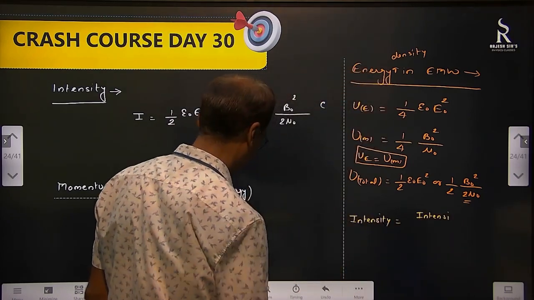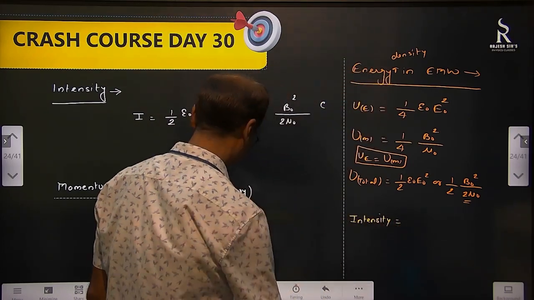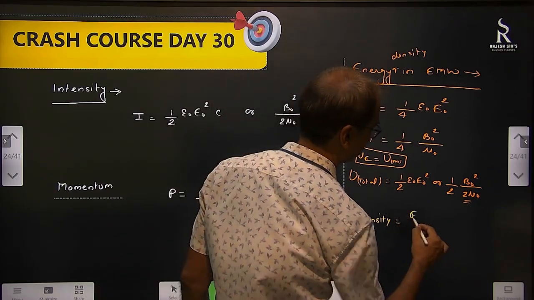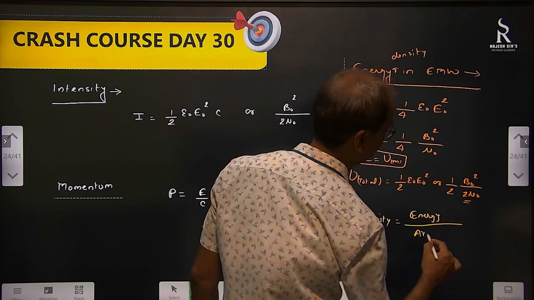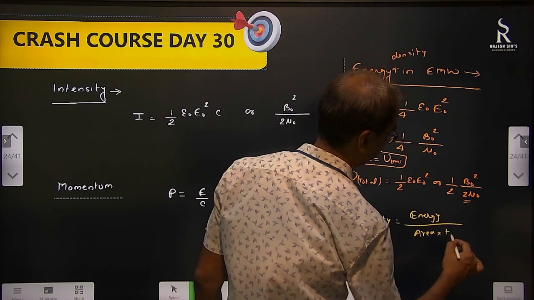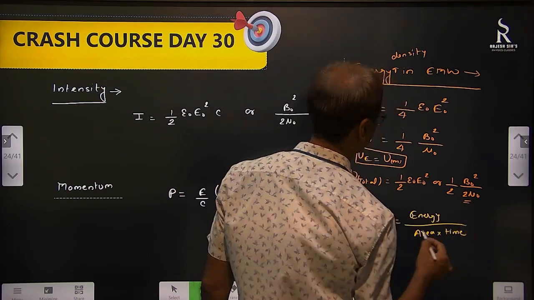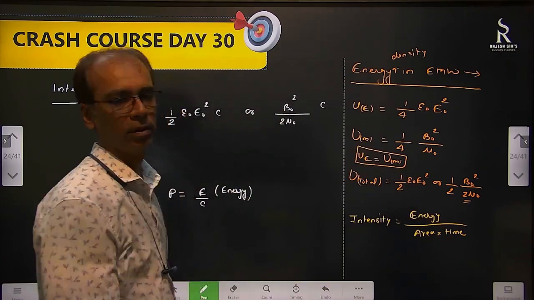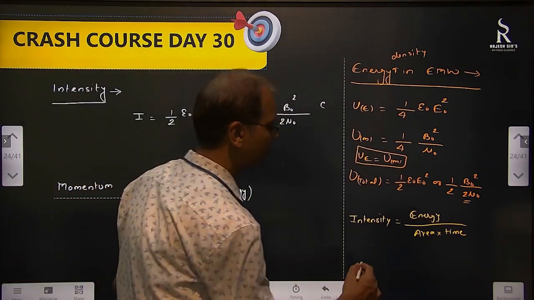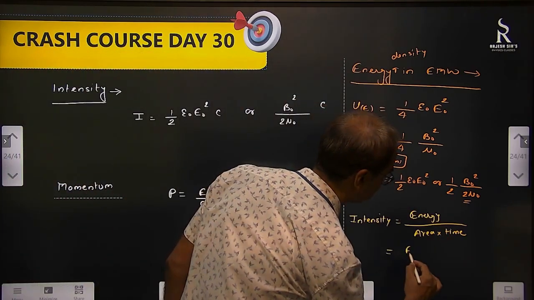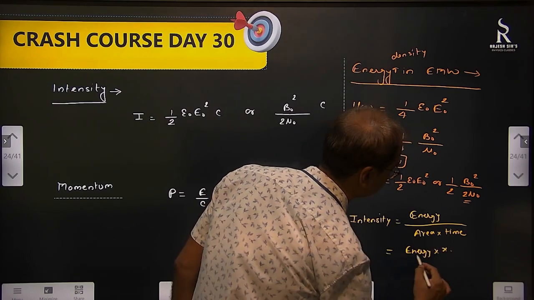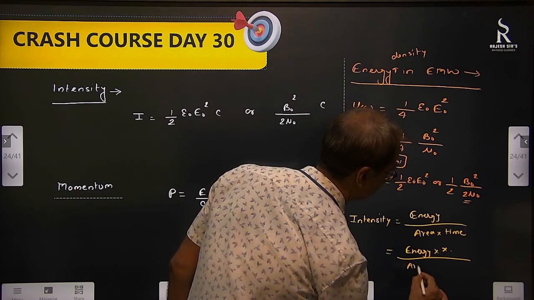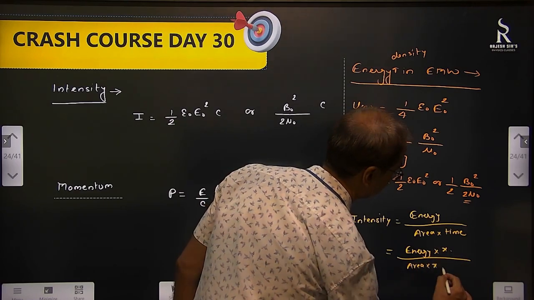Intensity, again I am writing: energy per unit area per unit time, or power per unit area. But here it is given in terms of energy density. So what I will do? Energy multiply with x, area multiply with x.